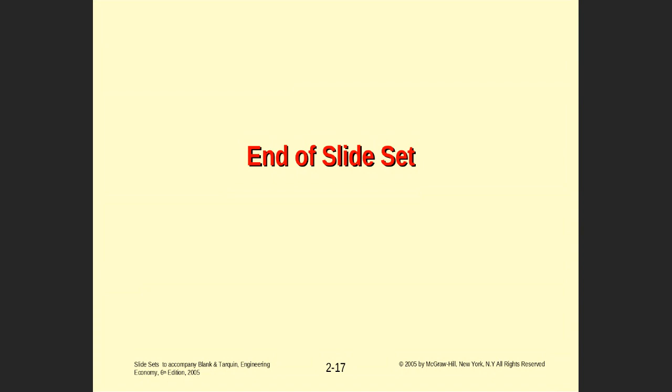F given A, okay, excellent. 1 million, P given A, no. F given A, yes.